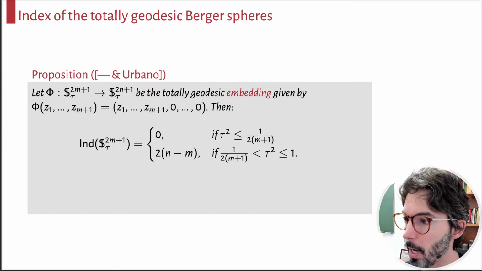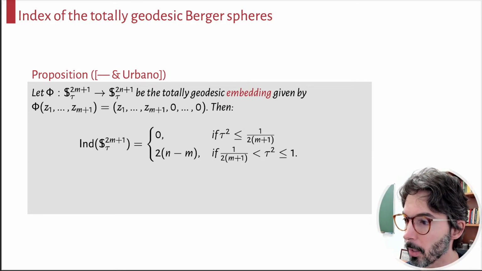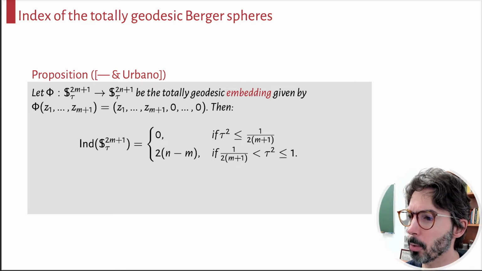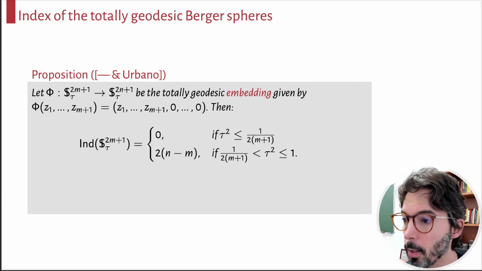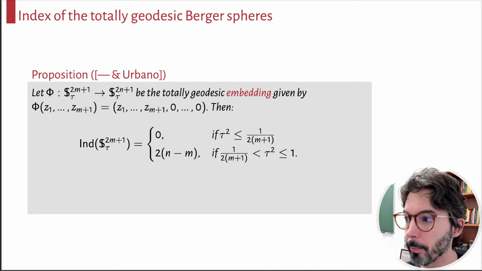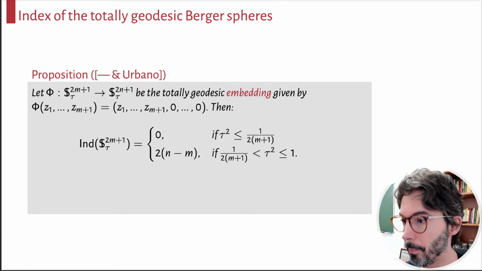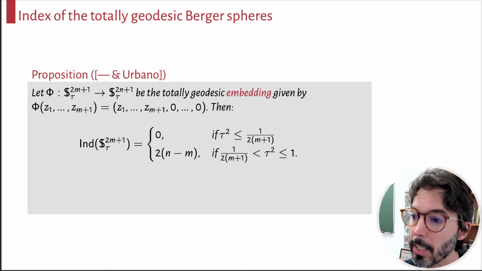We have this result that says that the index of a totally geodesic Berger sphere of dimension 2n plus 1 is 0 if the parameter of the metric is less than or equal to some special value that depends on the dimension of the submanifold, or twice the codimension if the parameter tau is above this value.